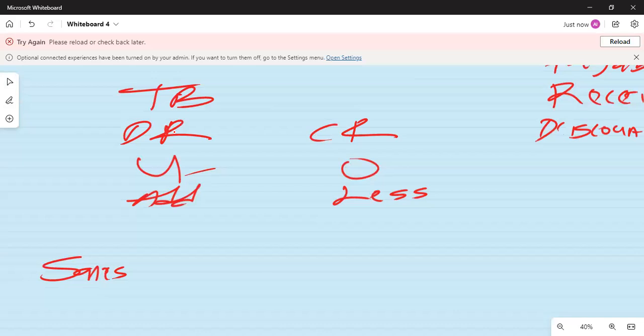Sales is going to be on the credit side of the trial balance. Let's now say the sales is undercast. I'm going to add.